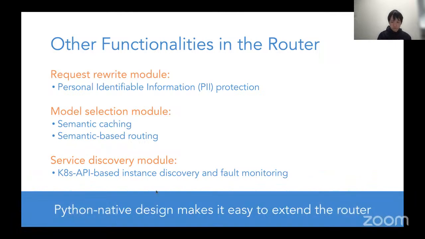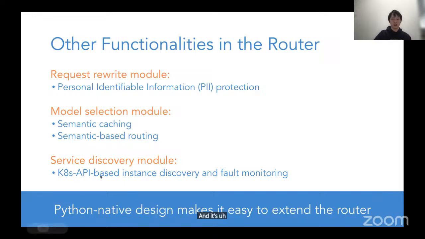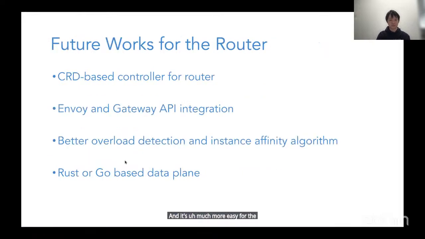What we want to say here is that since the core of the router is a Python-native design, we hope it makes it easy to extend the router with multiple different kinds of logic and features, and much easier for the community to contribute.